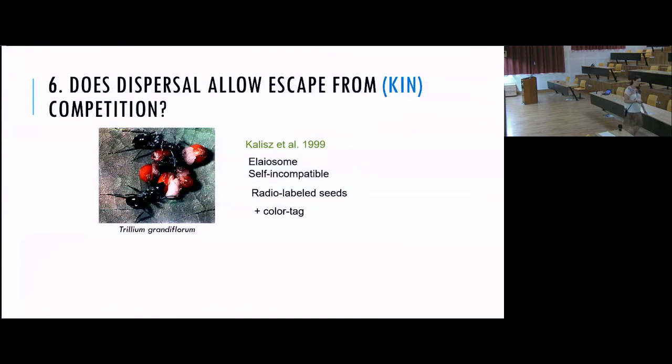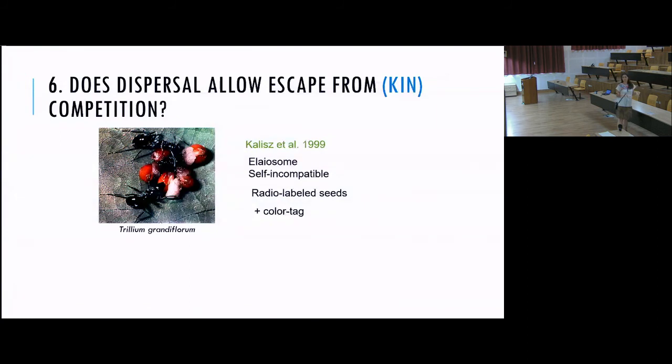Okay, so the sixth question was, does dispersal allow escape from competition, and more precisely, escape from kin competition? So I will first report about an experiment that Susan Keltz did in the late 90s. She worked on this plant called Trillium grandiflorum, which has seeds that have some structure called an elaiosome, which is a little pocket of nutrients that ants really love.